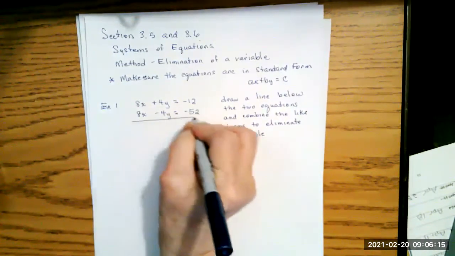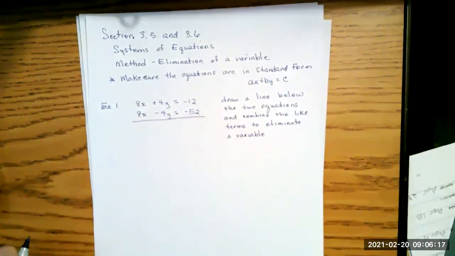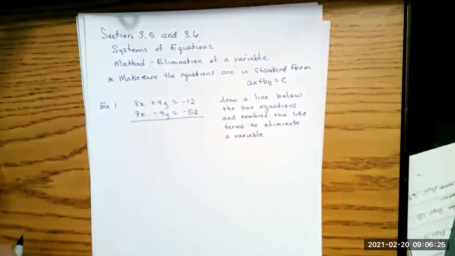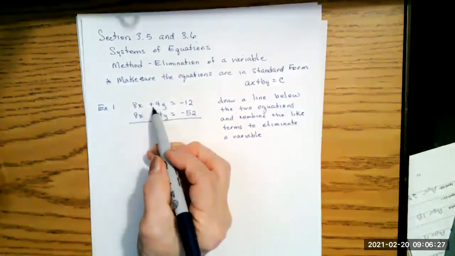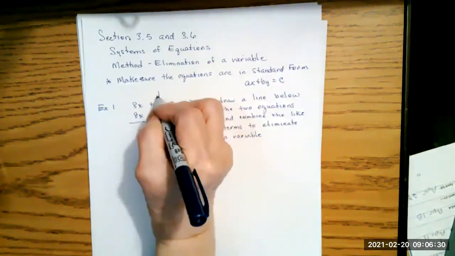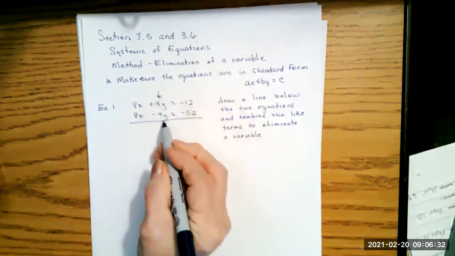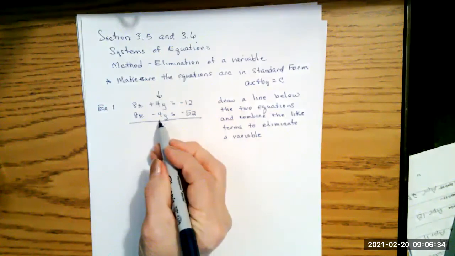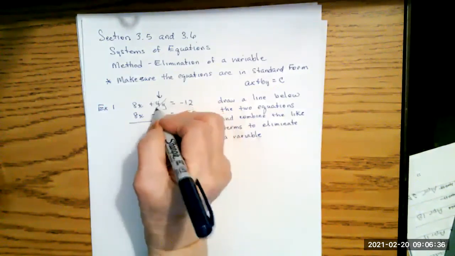So I'm going to draw my line here, and I'm going to check to see if I can eliminate any variable. If not, then I'll probably have to multiply one or both of the equations by some number. But I can see that I have a positive 4y here and a negative 4y. So if I just combine those two, they'll eliminate each other.